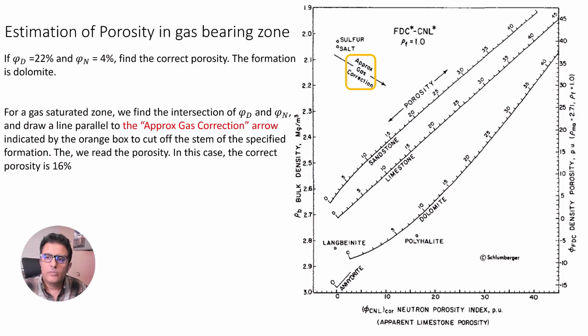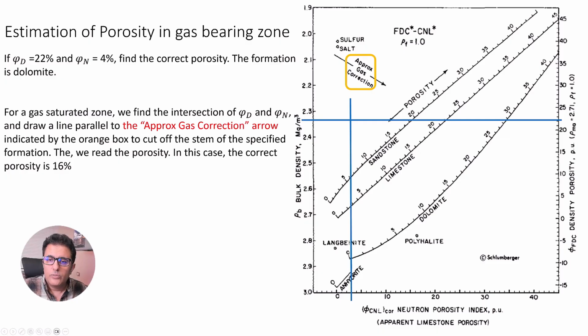Again, we find the intersection, and then we draw a line parallel to this arrow, as you see here, to cut the correct lithology, and from there we read the correct porosity.